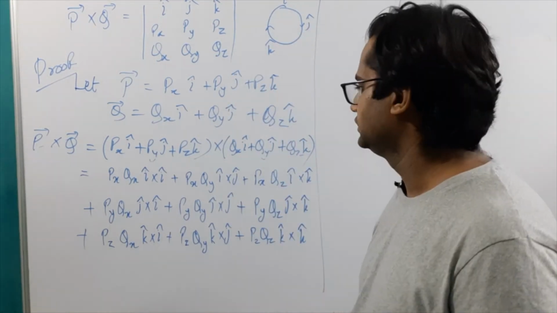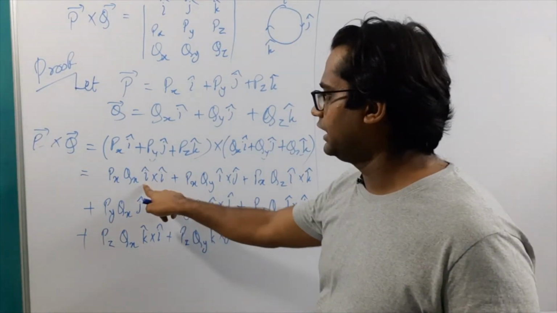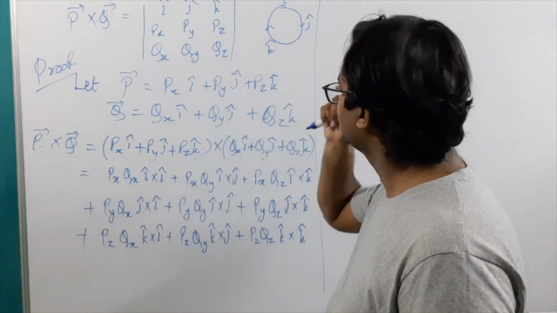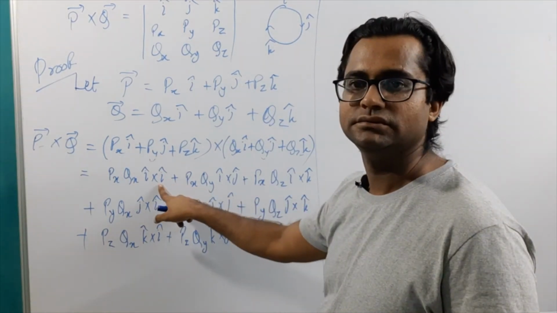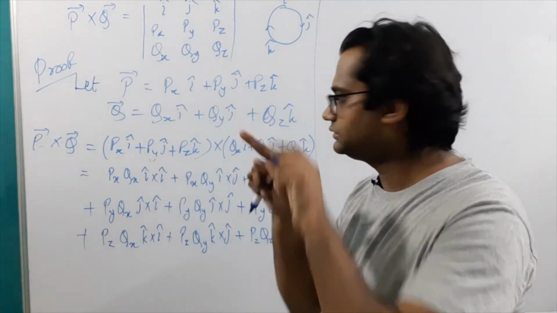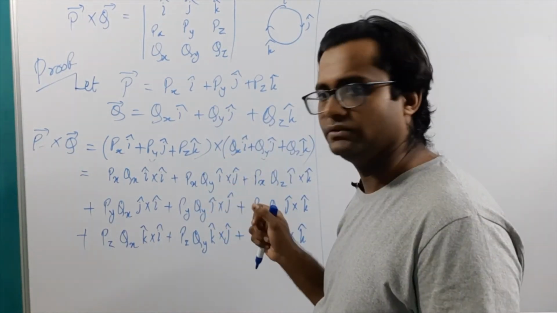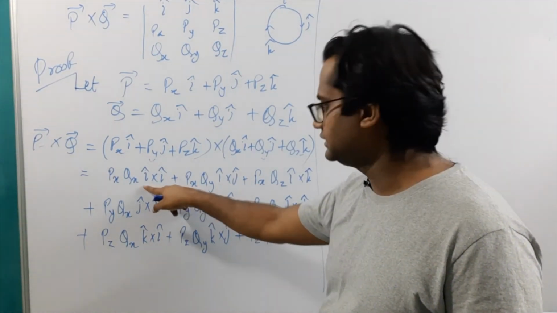Let us follow this rule. So i cross i is 0, since i and i are parallel vectors, so the angle between them is 0, and sine 0 is 0, so this product is 0.